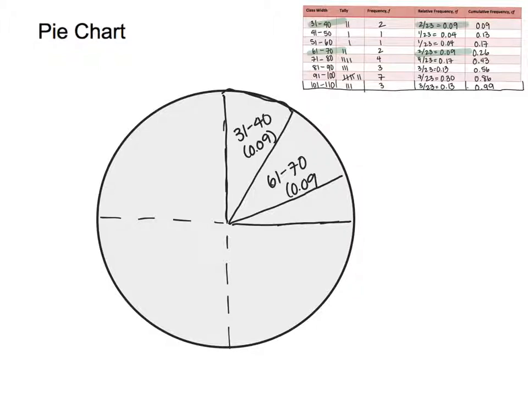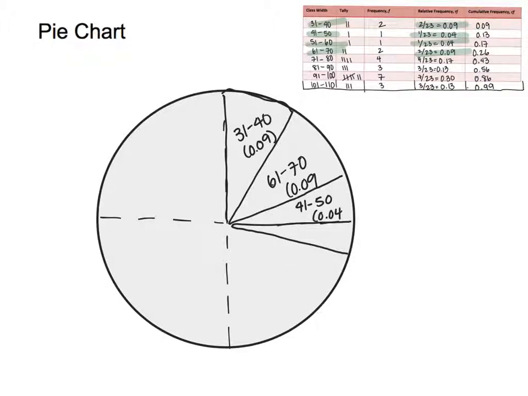So we'll say that this here is about 41 to 50. And this is about 0.04. So I need that same size here. I'm going to draw it here. So that cancels out this one. And then I'm going to do again for 51 to 60 because it's also 0.04.